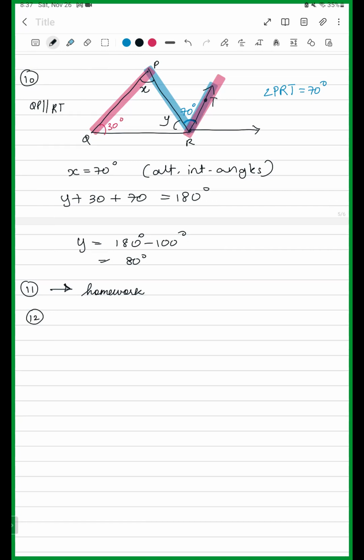Okay, finish. All right. So the 11th one is pretty simple. You can do it by yourself. Let's move on to the 12th one.